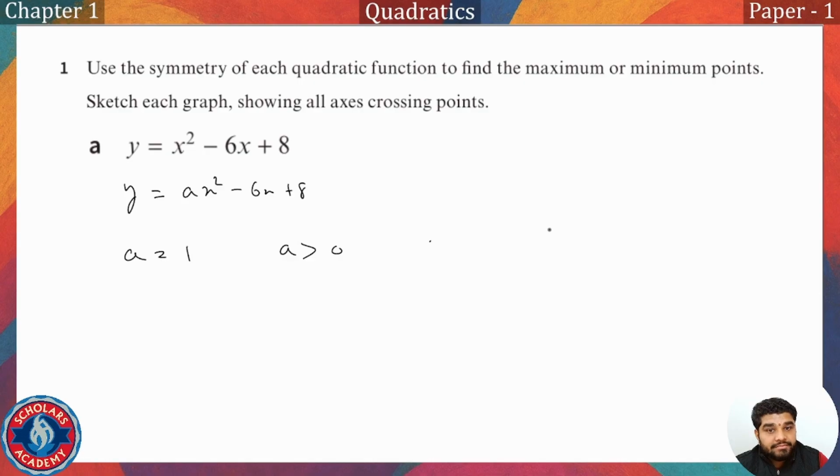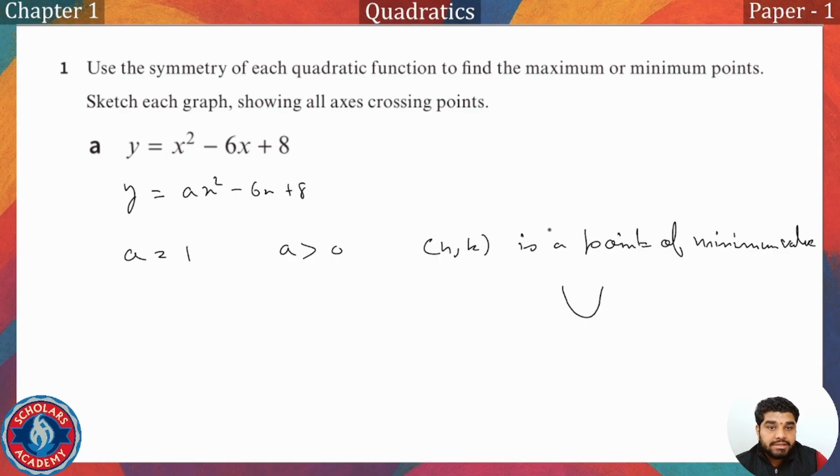So my vertex h comma k is a point of minimum value. Now it means the orientation of the curve will be a U shape.